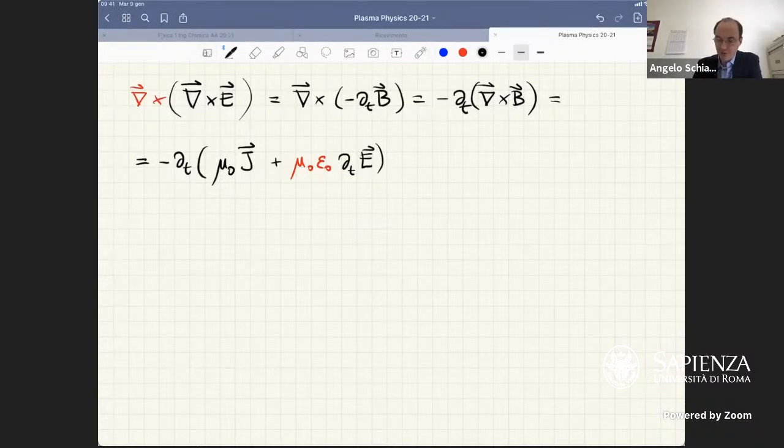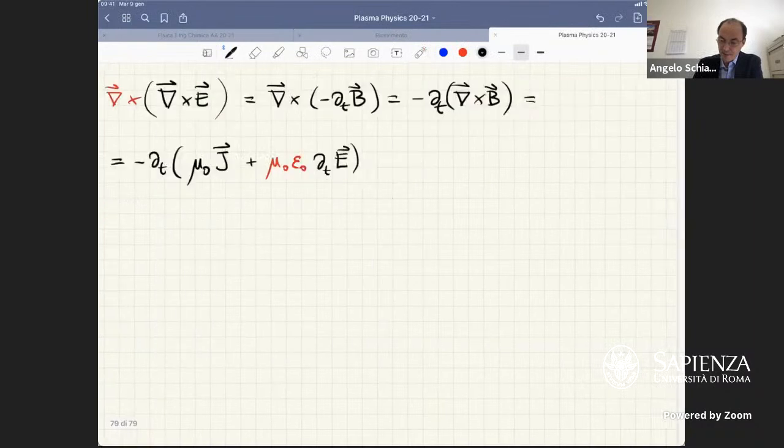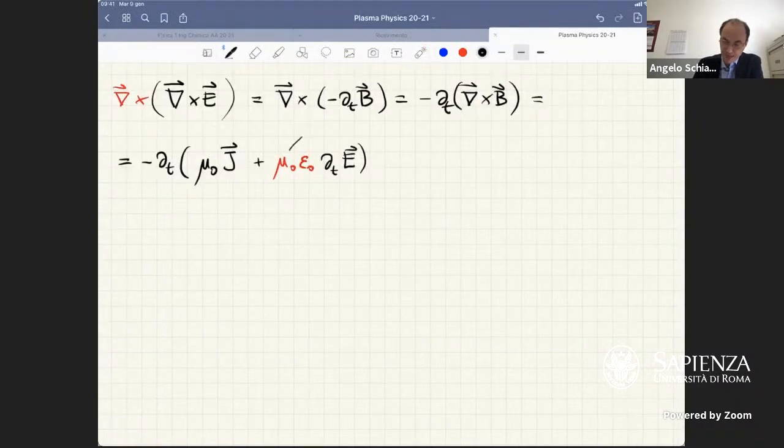And pay attention to the notation that I'm using for the vectors, because here we are working actually in 3D space for the dynamical quantities, the electric field, magnetic field, and the current density J. I highlighted mu naught epsilon naught here in order to remember that this is actually the definition of 1 over c squared, and c is a very important physical constant, the speed of light in vacuum.